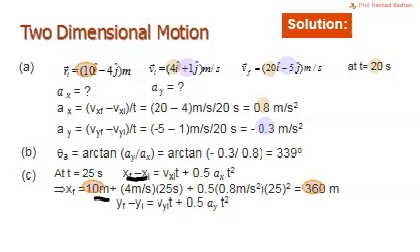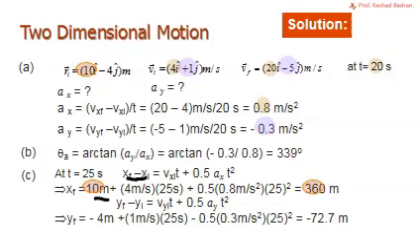And now again we're going to do the same thing for the y motion. Delta y equals this known equation in one dimension, and substituting all the values available in the problem, we get an answer for the final position along the y-axis of minus 72.7.